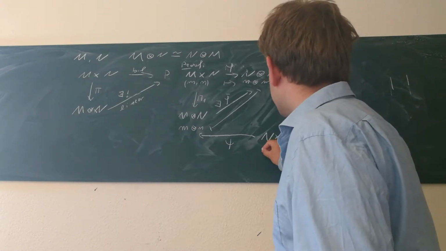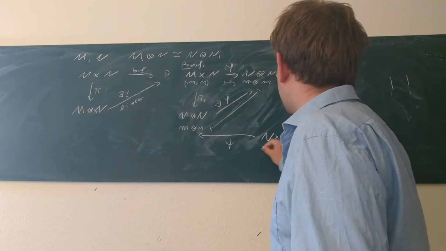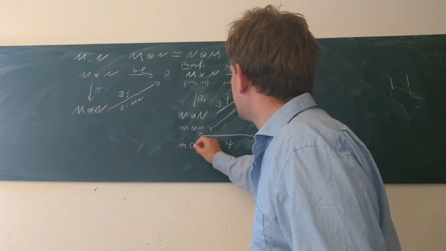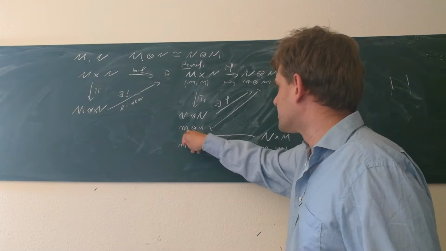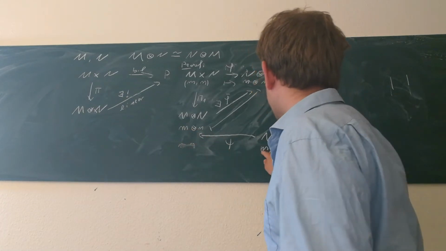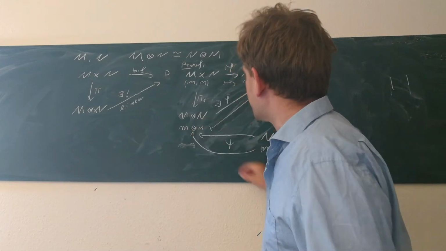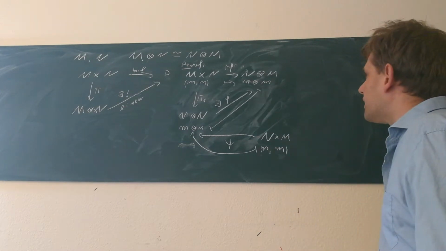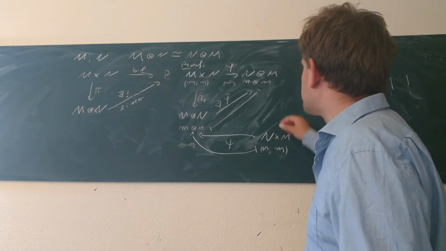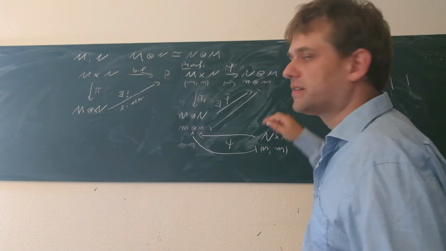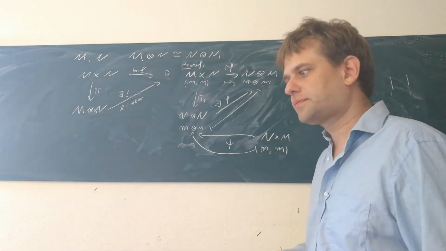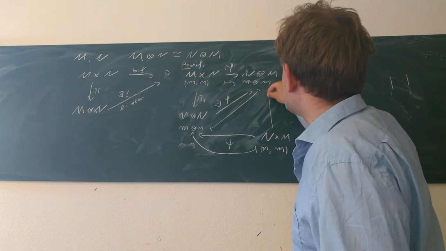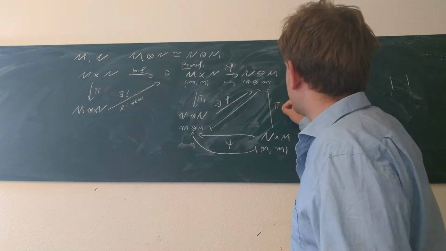And of course this sends a pair (n, m) to m tensor n, but I don't have to write it again because we already have this element here. And again, by the universal property, we can also look at the projection to the tensor product, which we already have over here, which is convenient. So we can use this projection. Let's call this pi 2.